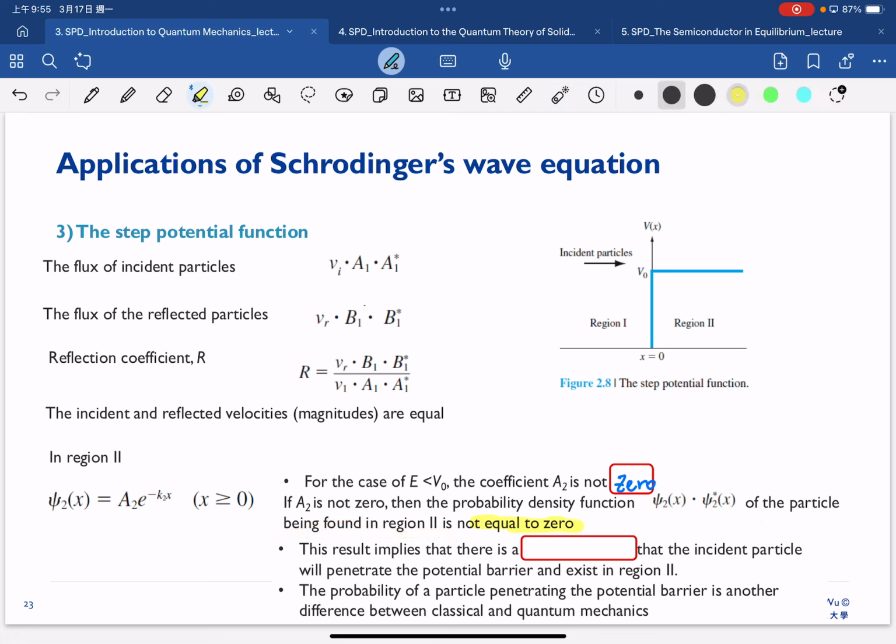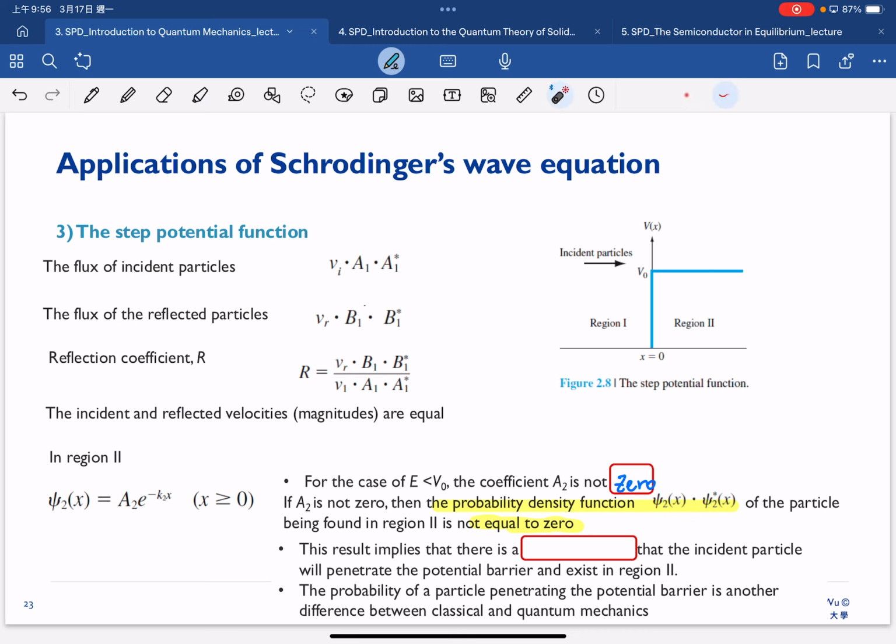So that's very important. As we already know, by considering the uncertainty principle, we cannot precisely determine the particle. What we can do is only to understand the probability of a particle being in a region.